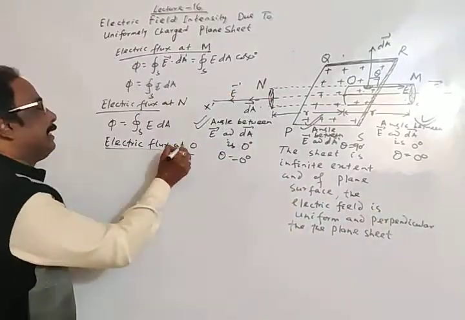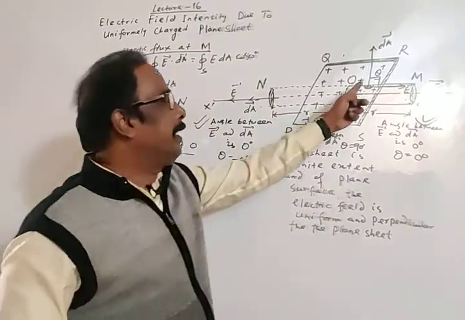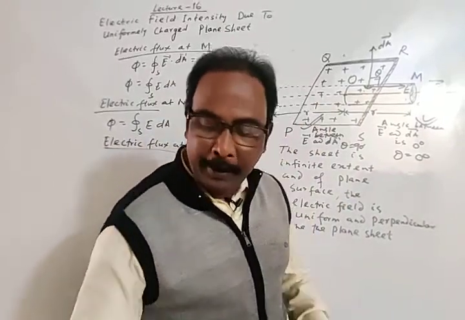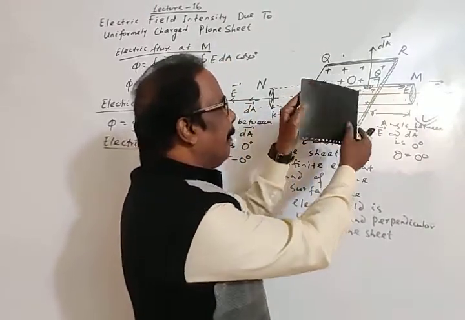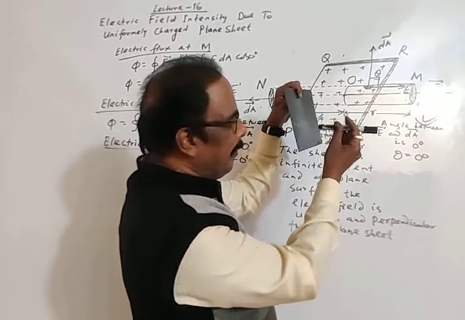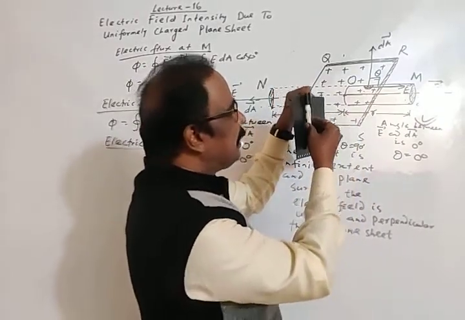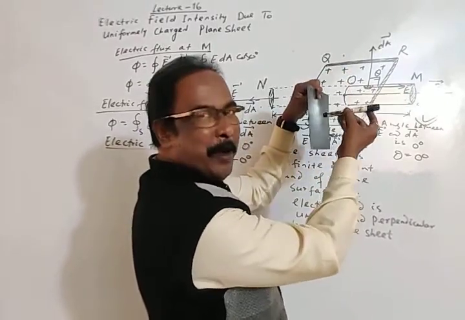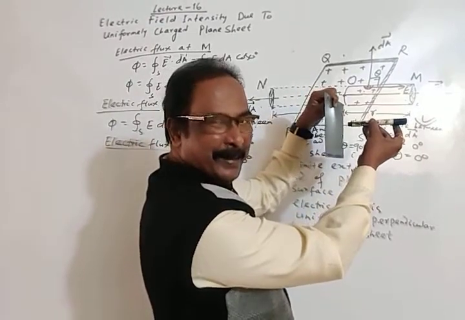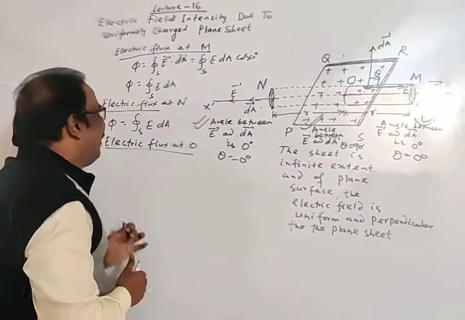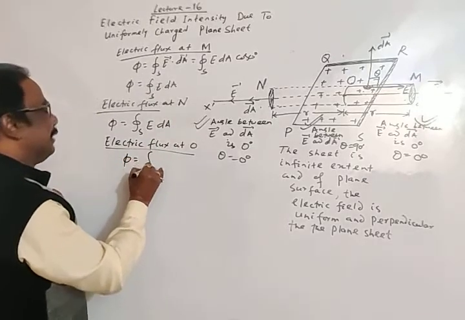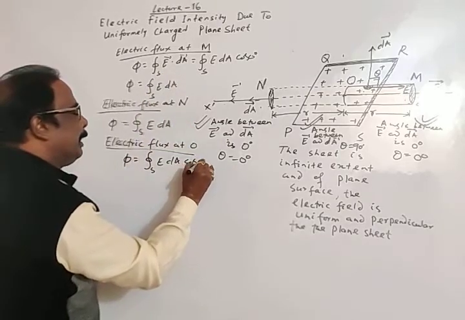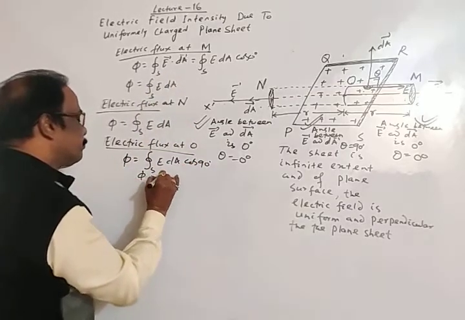So here theta is 90 degree at O. The direction of dA is parallel to this flat sheet, and electric field is perpendicular to the flat sheet. So here theta is 90 degree and flux is the surface integral of E dA cos 90. So here flux is 0.